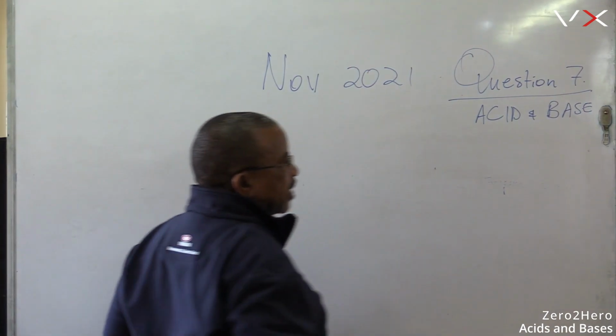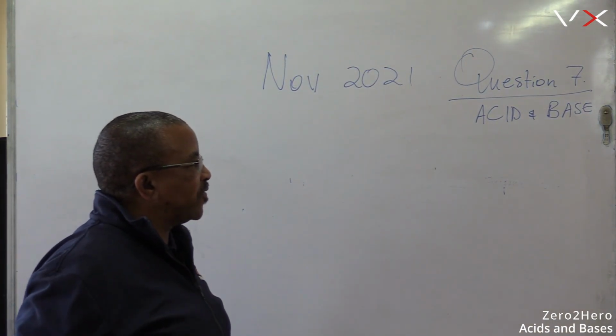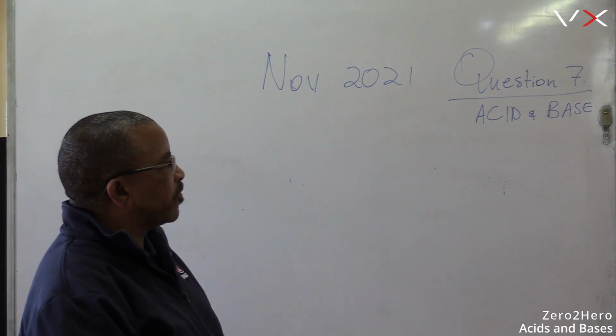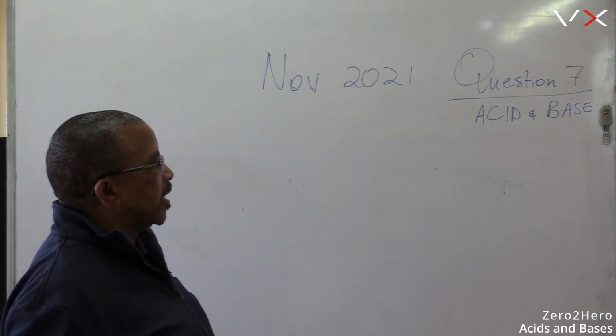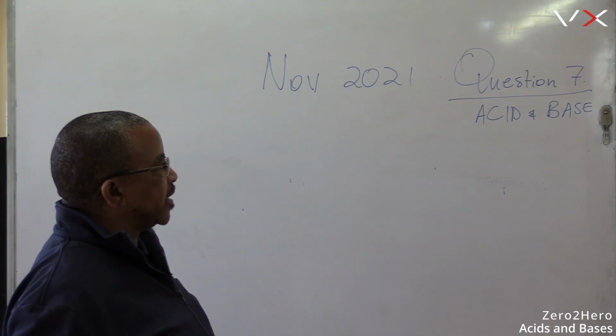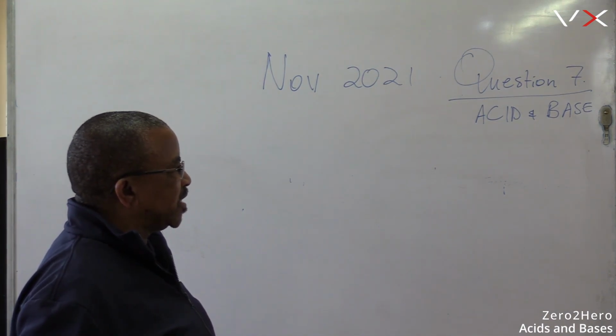7.1.3, 3 marks. The conductivity of HSO4 minus and H2SO4 are compared. Which solution will have a lower conductivity?